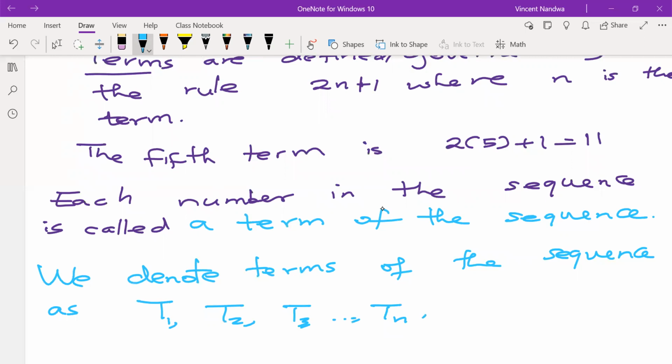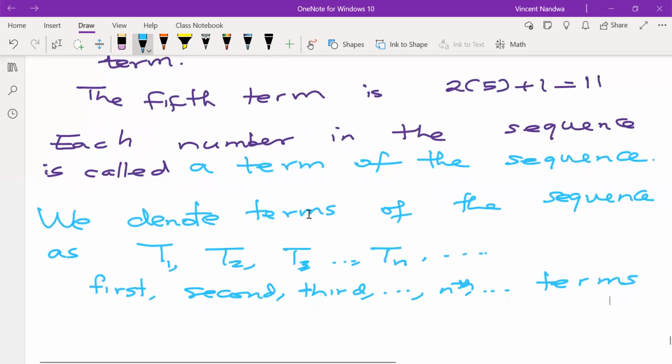So which simply means first, second, third, nth terms respectively.